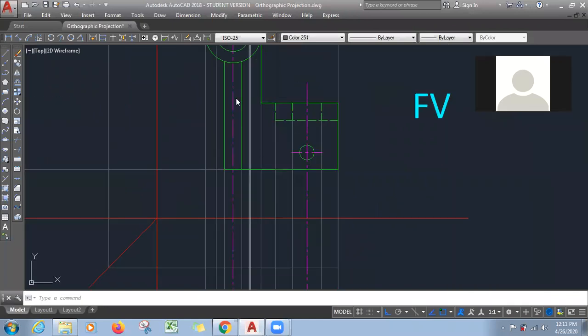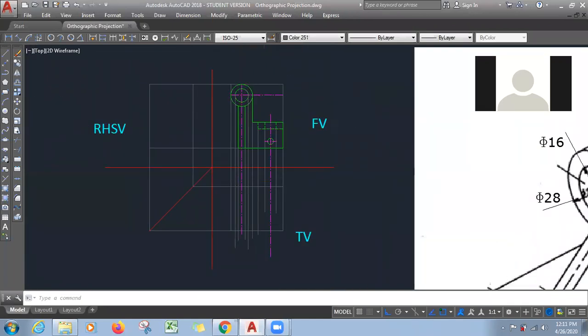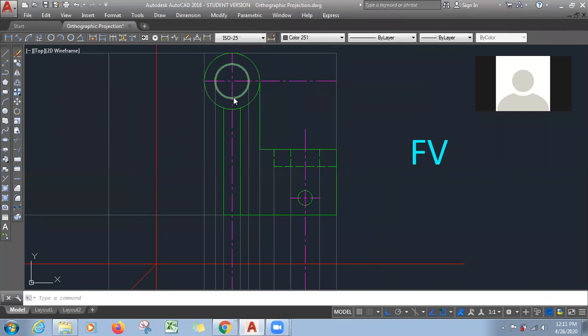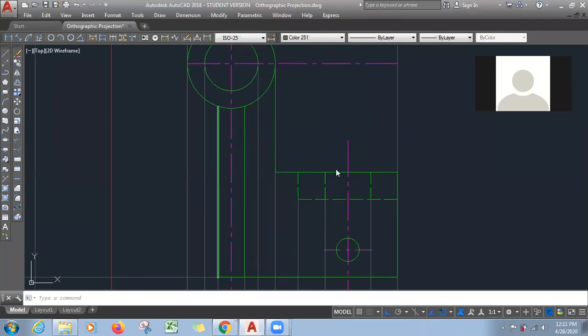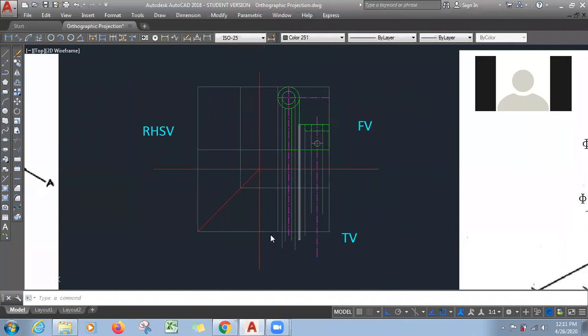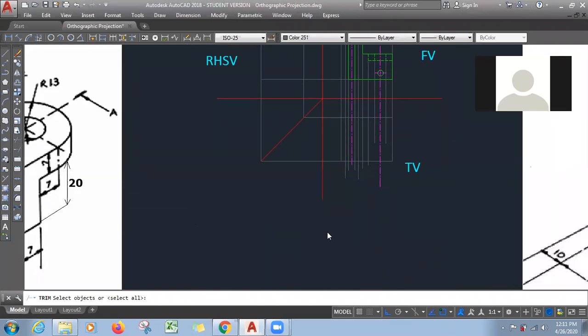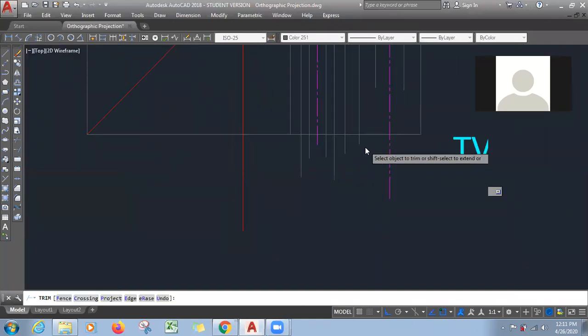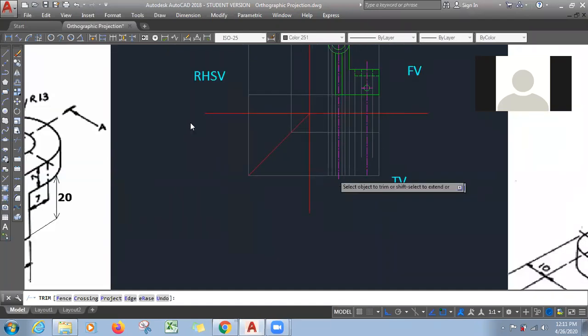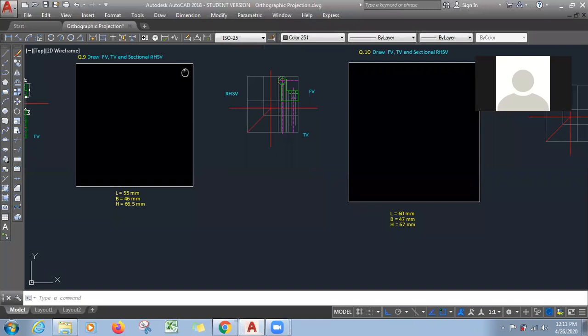Okay, now once we have this, what can we do? Now see, all projectors we have drawn. Now let us think about the top view.